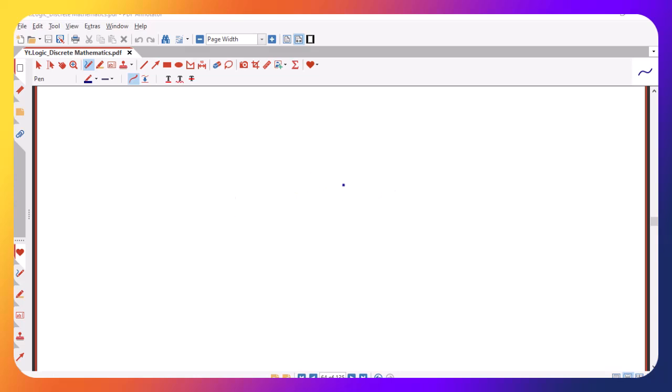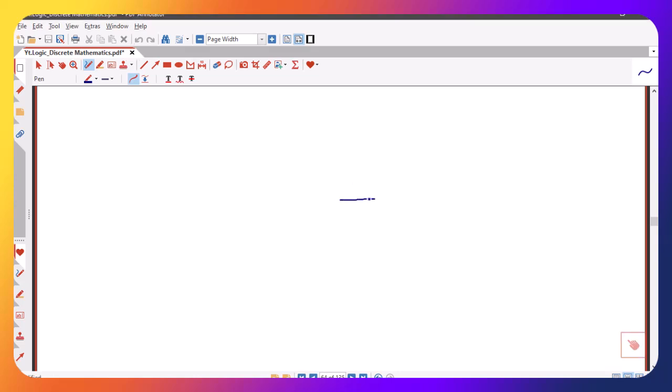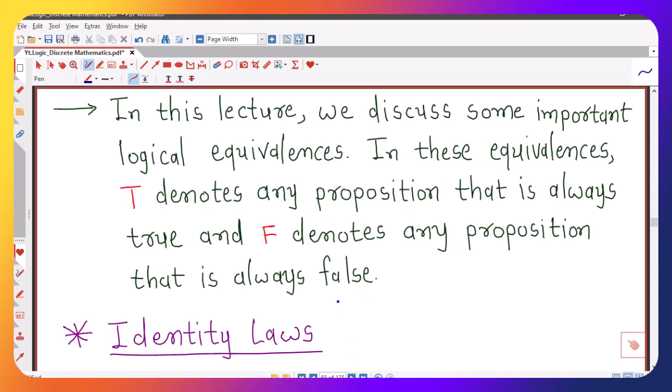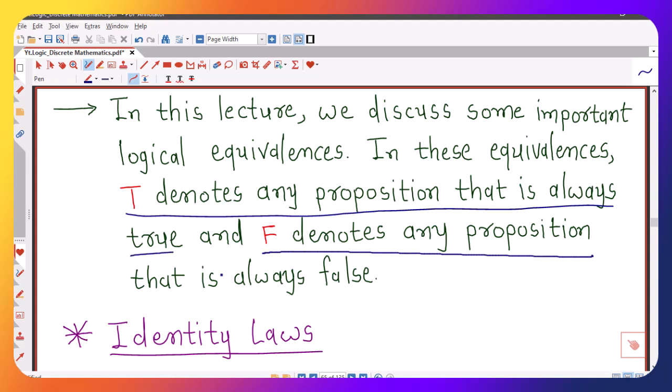understand that a proposition which is always true can be denoted by letter T, and a proposition which is always false can be denoted by capital F. So in writing all those standard logical equivalences, we will understand this thing, that capital T denotes any proposition that is always true and capital F denotes any proposition that is always false.